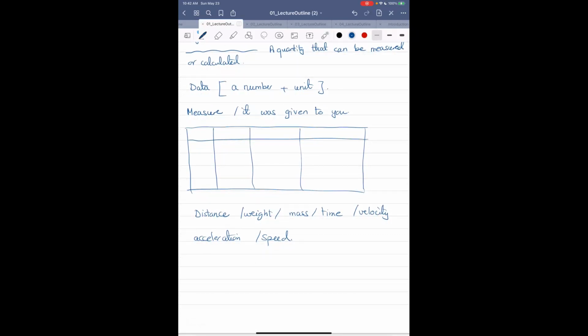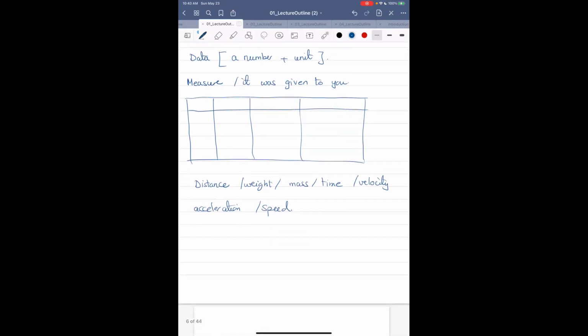And as I said, some of them are going to be measured, so they show under data, and some of them will be calculated, so in your lab they go under calculations. Let's say you have measured mass in kilograms, 10, 20, 30, whatever.